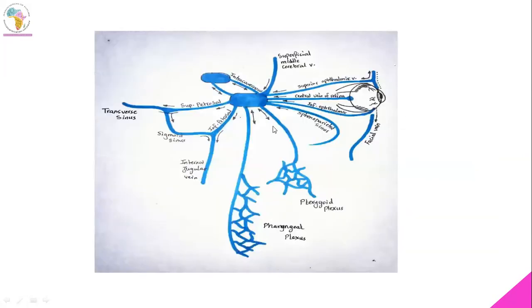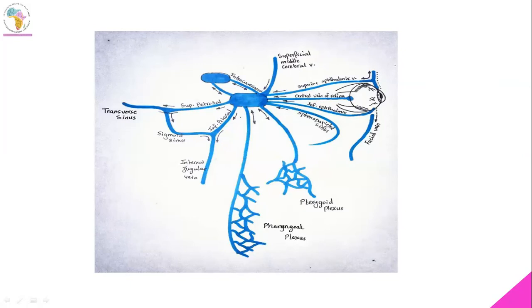This is another image to show us the connections, tributaries, and drainage of the cavernous sinus. As you can see, we have an anterior drainage from the anterior tributaries coming from the superior ophthalmic vein, central vein of the retina, and the inferior ophthalmic vein.